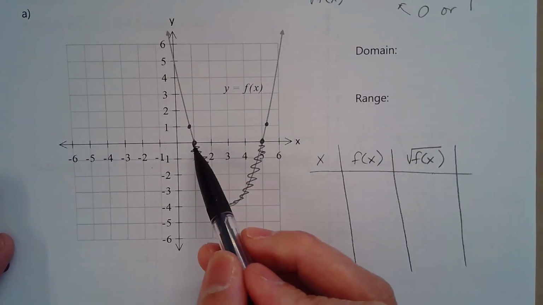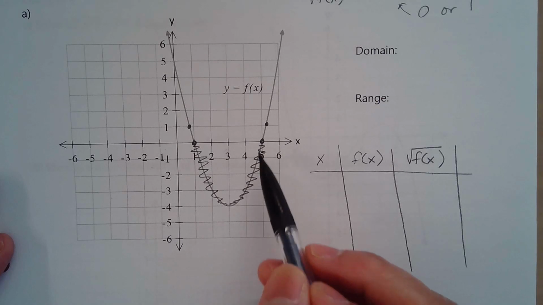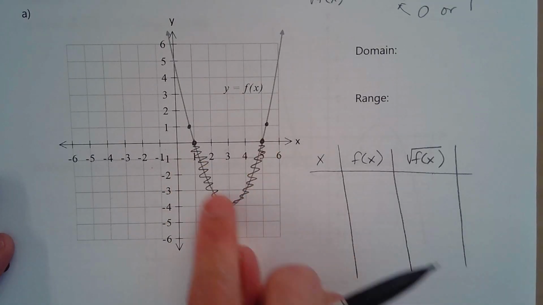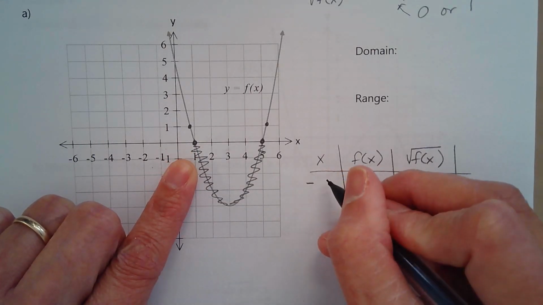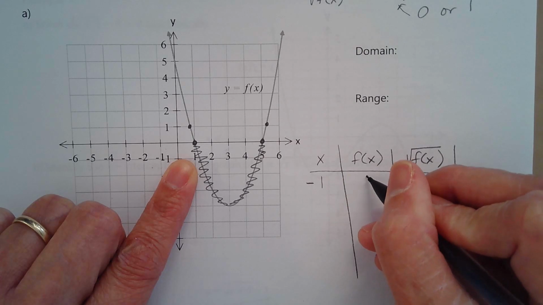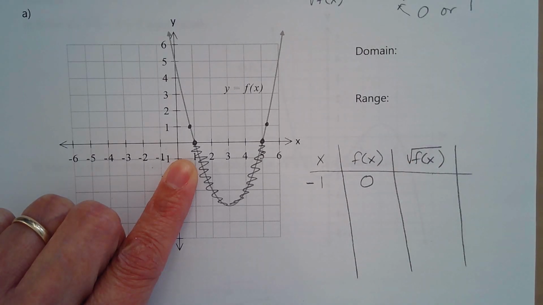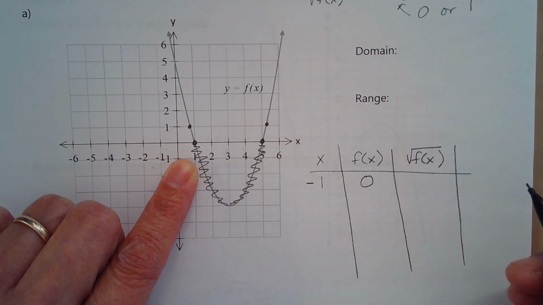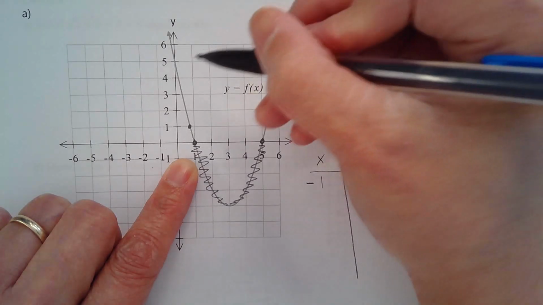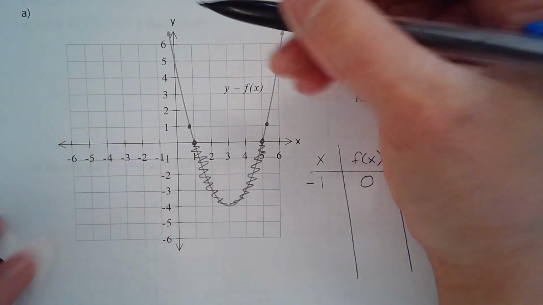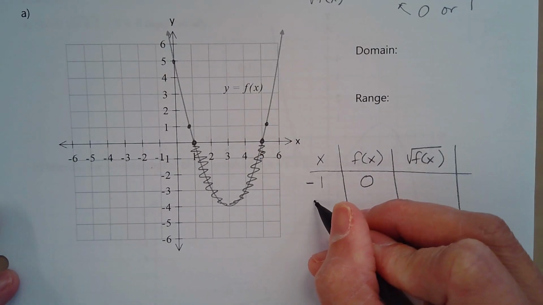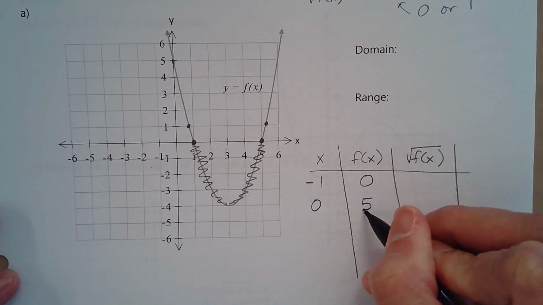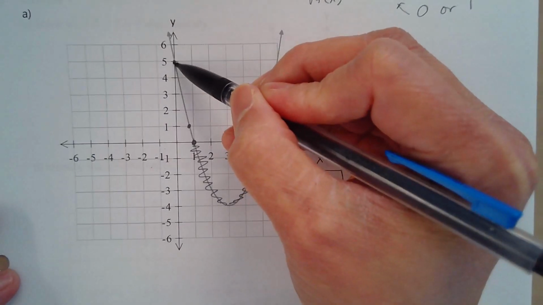Here it's not defined, so this point is at negative 1, 0. Where's the other one? That's a nice number. This point here is going to be 0, 5.